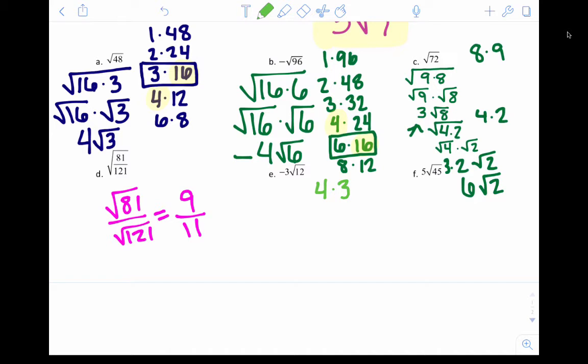So I can rewrite the square root of 12 as the square root of 4 times 3. Separate my 4 and my 3. So that becomes 2 times the square root of 3. And then don't forget, we have that -3 out front that we need to multiply. So -3 times 2 is -6. And then I have a square root of 3 added on to the end.